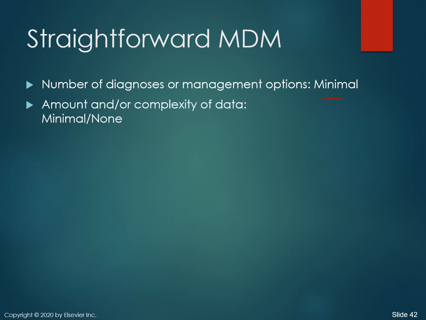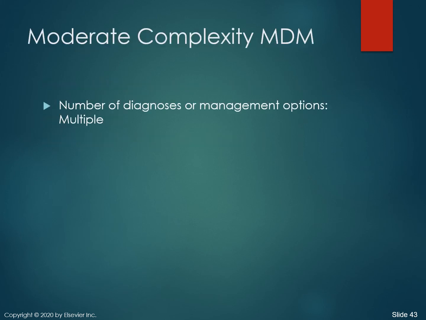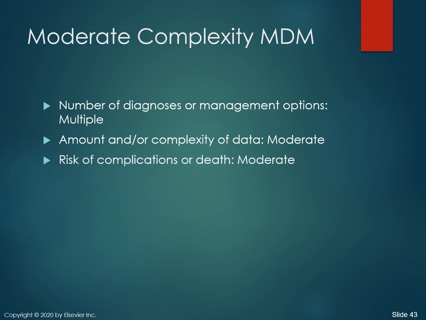Amount and complexity of data to be reviewed, risk is minimal. For moderate, the number of diagnoses or management options are multiple, and moderate complexity of data, and the risk of death is moderate.